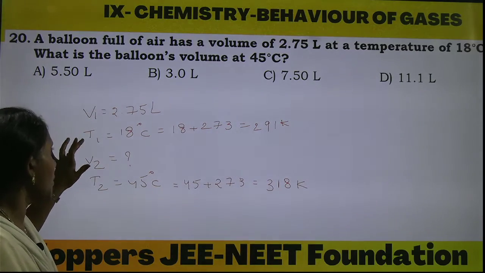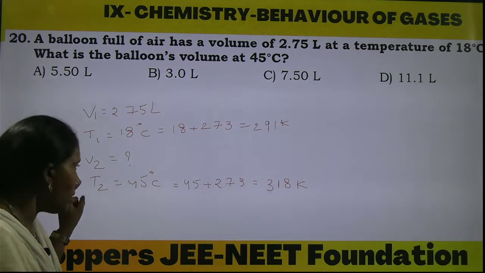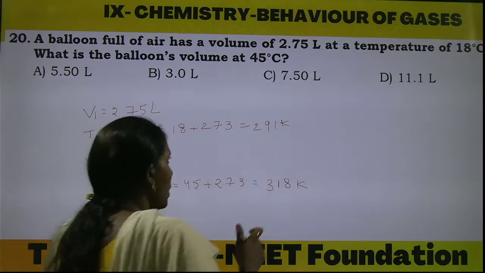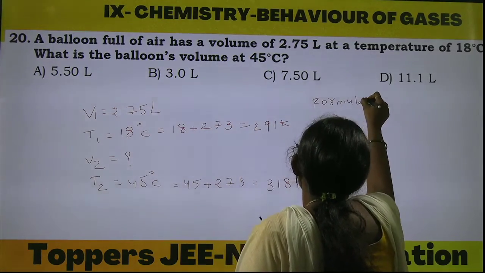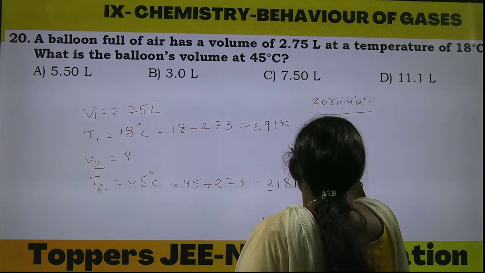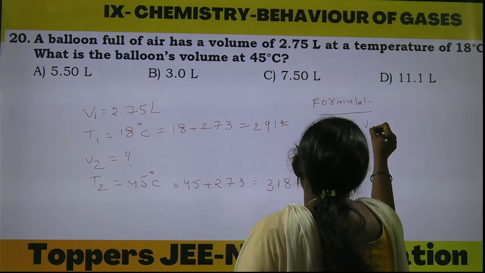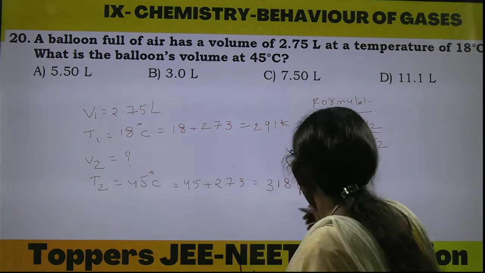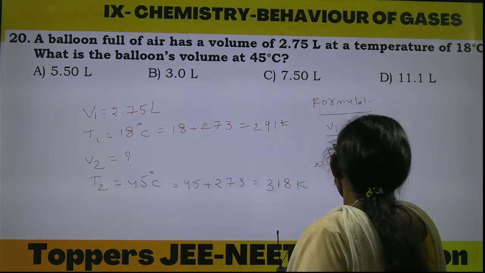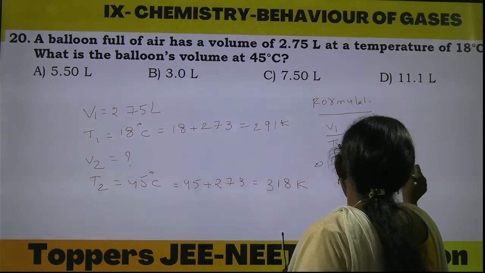So V1 is given, T1 is given, V2 we have to find and T2 is given. The formula we are going to use is the same as the previous problem, V1 by T1 equal to V2 by T2. Sorry, we have to calculate V2 here, so V2 equal to V1 T2 by T1.